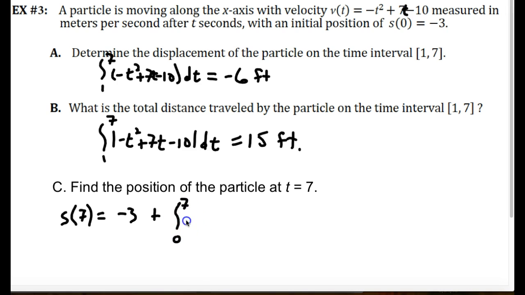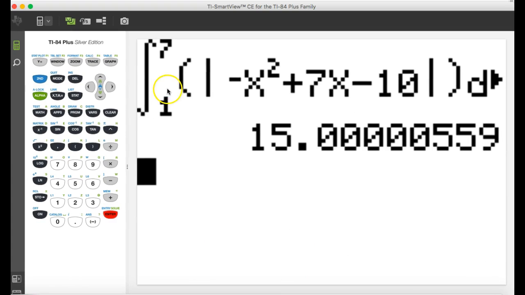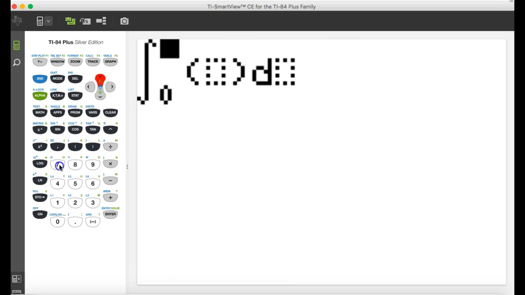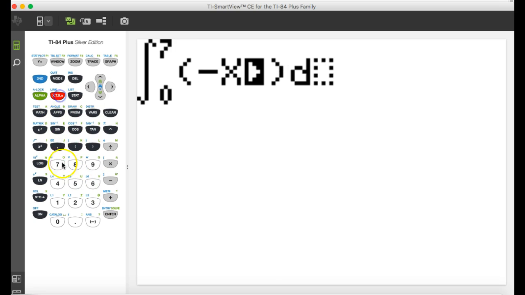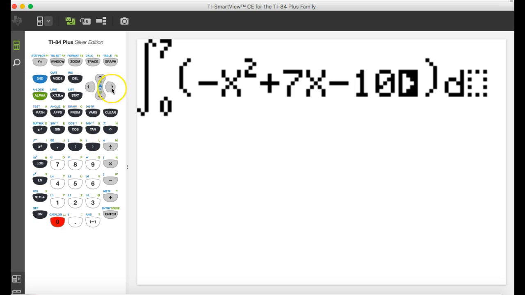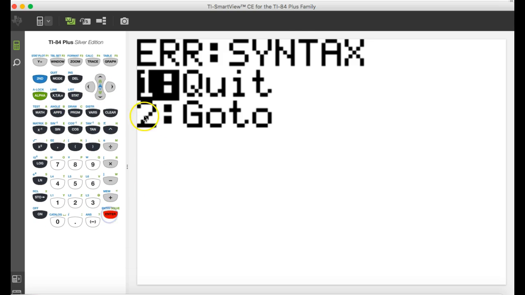So negative t squared plus 7t minus 10 dt, and we can plug this into the calculator. So math 9, 0 to 7 of my function, negative x squared plus 7x minus 10 dx.